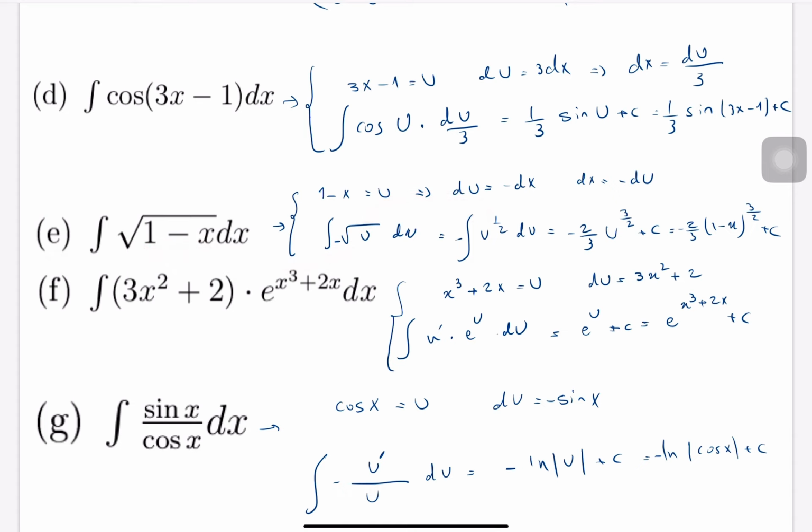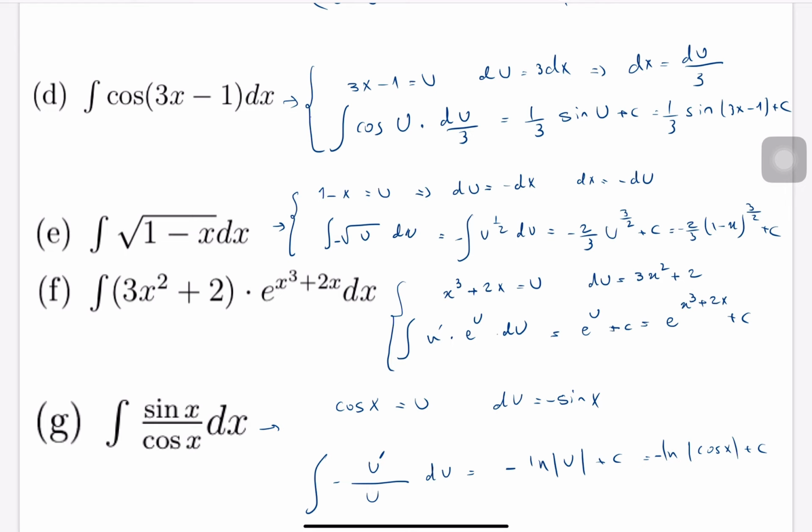It will be minus u power half du, and for the integral it is plus 1, it will be 3 over 2, and divide by 3 per 2, and the final result will be this. Then we put 1 minus x again instead of u.